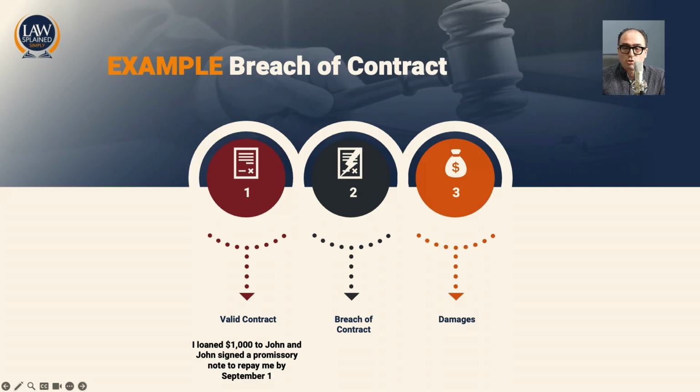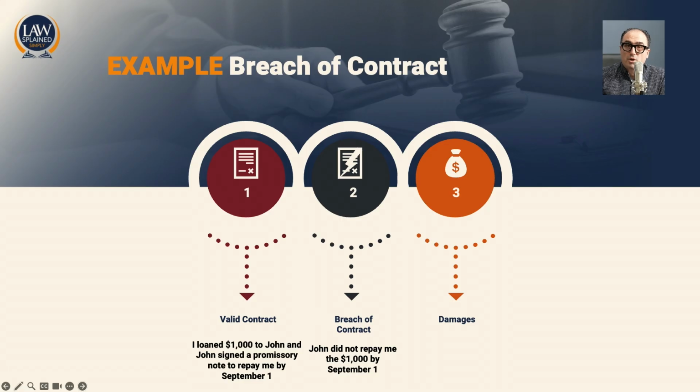Let's say you lend John $1,000 and John signs a promissory note to pay you by September 1st. September 1st comes and goes, and despite having signed that promissory note, John doesn't pay you back that $1,000. There's the breach, right?